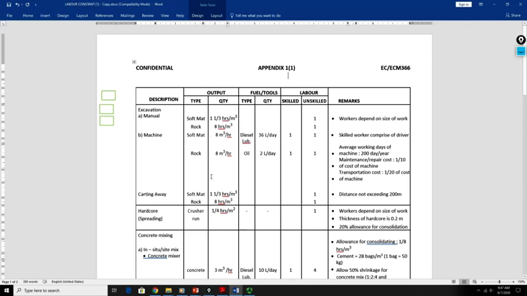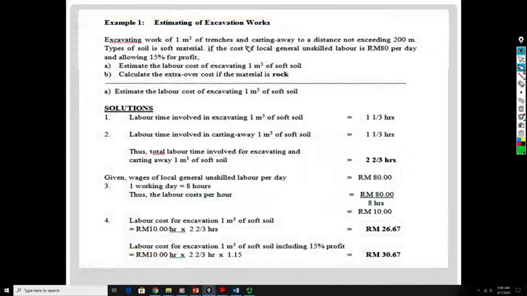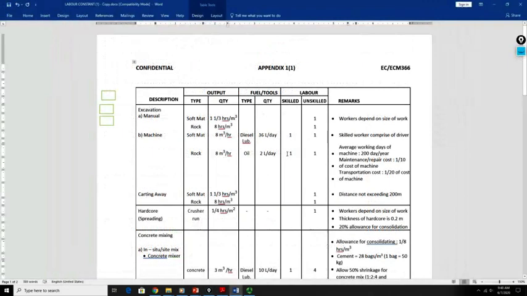Based on the question previously, we need to determine whether the excavation is manual or by using machine. Look at the question. Here it just stated unskilled labor. Referring to the appendix, if it is manual, then you only need one unskilled labor. But if you are using a machine for the excavation, you need one skilled labor and one unskilled labor.